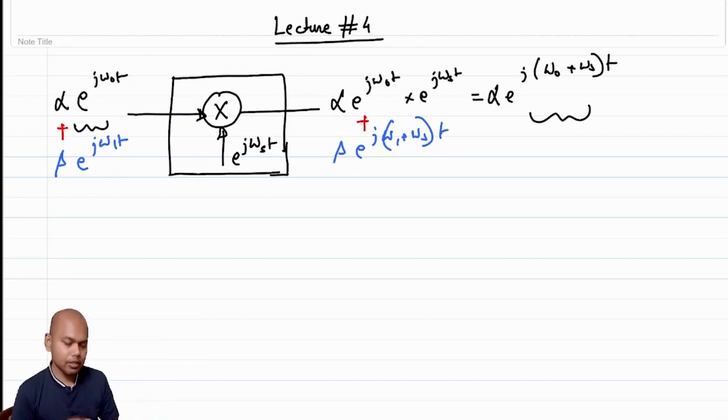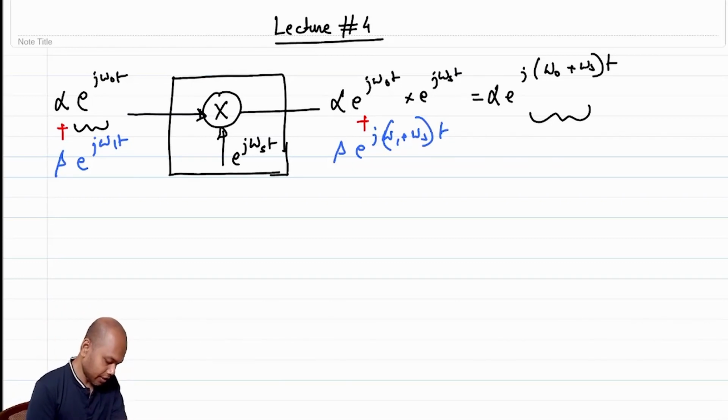So hence linearity is satisfied, but time invariance is not satisfied. So it is linear but not time invariant.